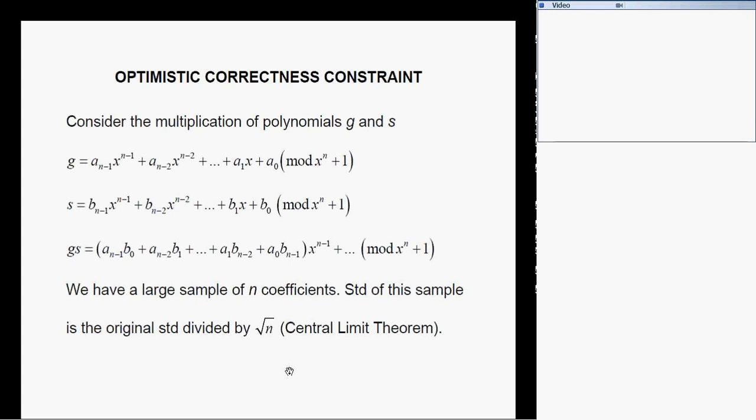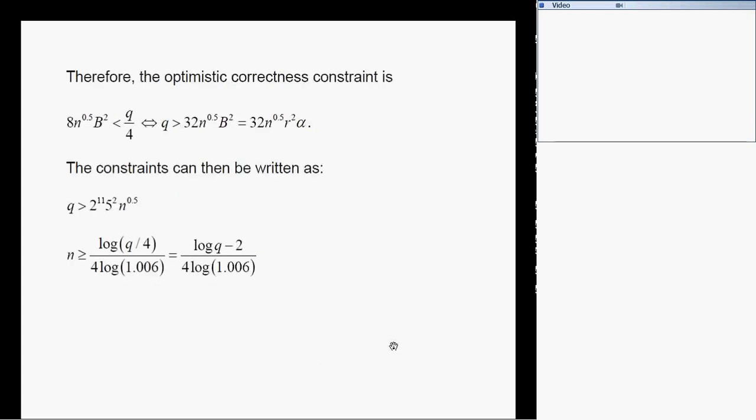So that trick allows us to reduce the constraint on n, and instead of having a function of n, we have a square root of n, which is a big improvement. So we can use just basic statistical analysis based on the central limit theorem to come up with an optimistic bound. And for technical reasons, this bound will definitely be more than enough.